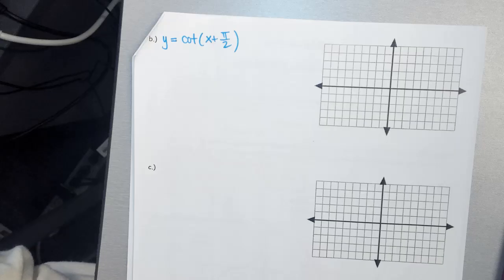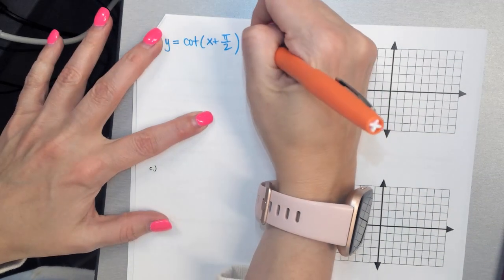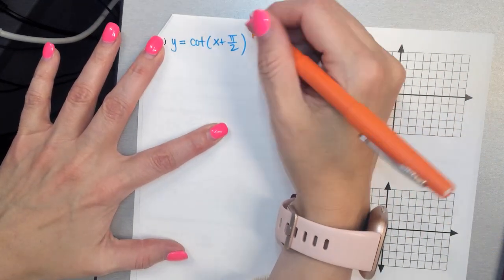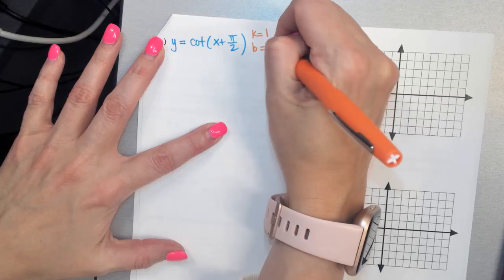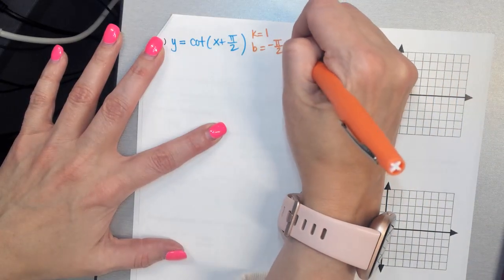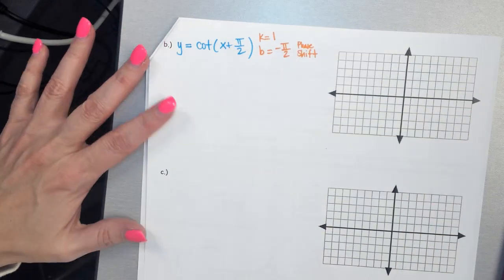That is a phase shift. So my K value is 1. My B value is negative pi over 2. This is a phase shift. That is going to change my course of action here.